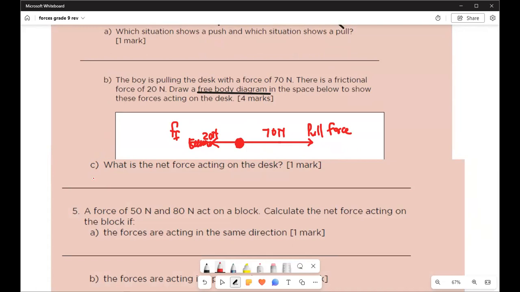The 70 is positive because it's in the direction of motion. The 20 is negative because it's in the opposite direction. And this sum gives us a net force of positive 50 newtons, which is 50 newtons in the direction of motion.